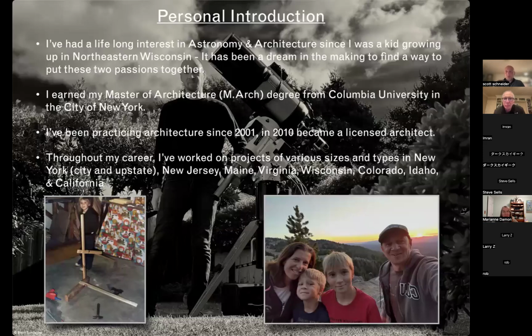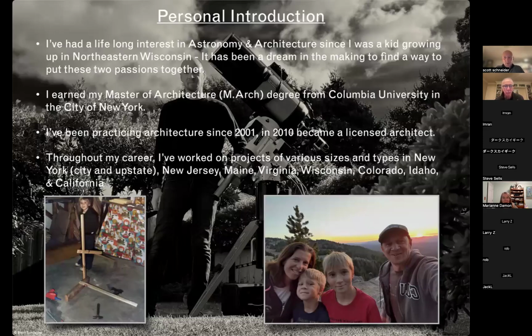For those who don't know me, my name is Scott Schneider. I'm a licensed architect and I've been practicing architecture for a little over 20 years, which has given me an opportunity to work on projects at various scales throughout the US.